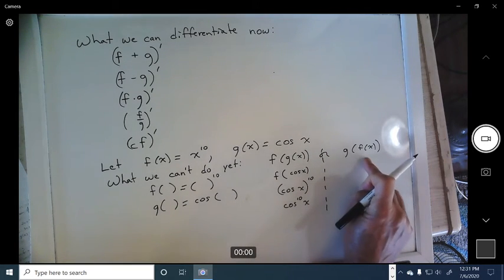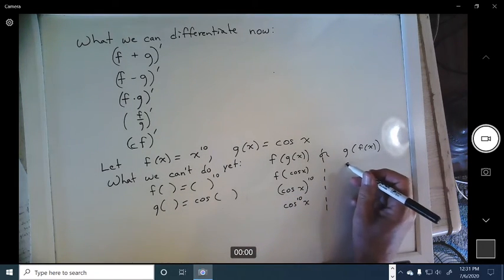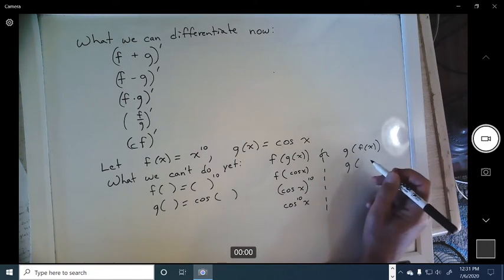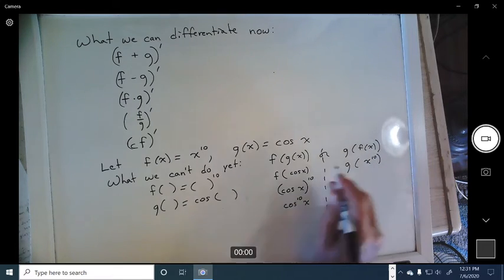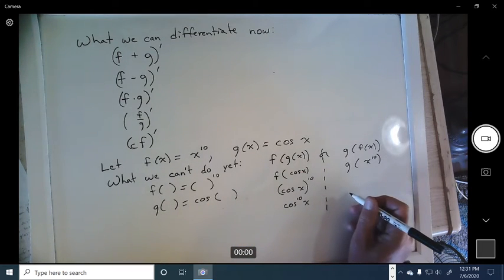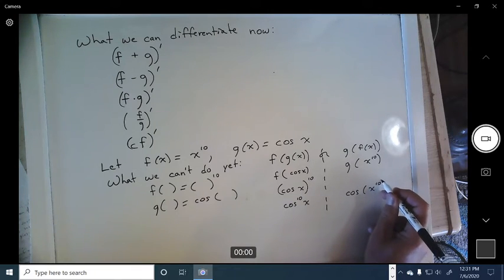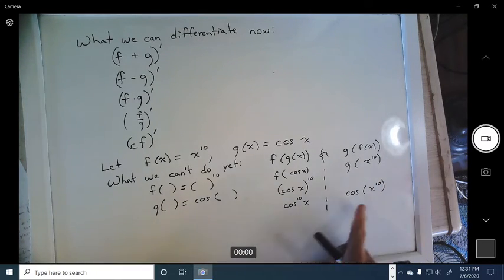If I put the f of x inside the g of x, you just replace the inner one with what its real value is. G of anything is cosine of that thing. And notice how these look different. They're actually quite different.